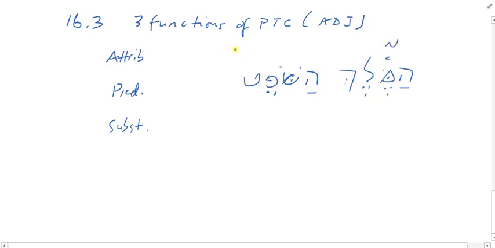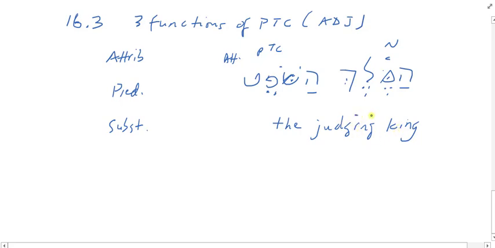I have my noun, I have my participle after the noun. Does the noun and the participle agree in gender, number, and definiteness? They do. I have ha-ha, and I have zero ending, right? So this is an attributive use of the participle, and it's telling me what kind of king I'm talking about, right? I could translate this as the judging king, and that means that the king being described by the participle is doing that action. Okay, the judging king.